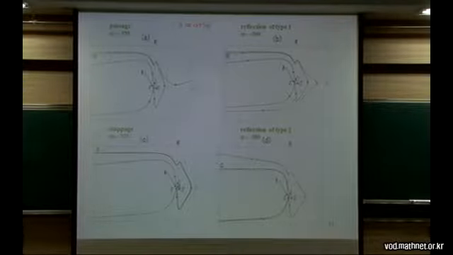For this case, you can easily see that the stable manifold of this point separates these two responses, because in this case the initial data is located above this line and in this case below this line.